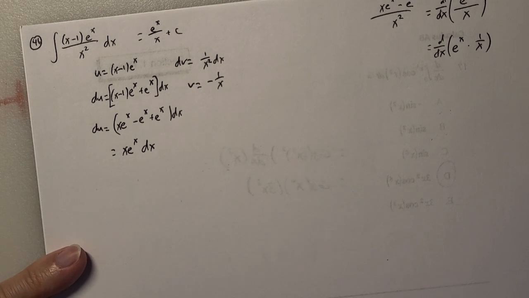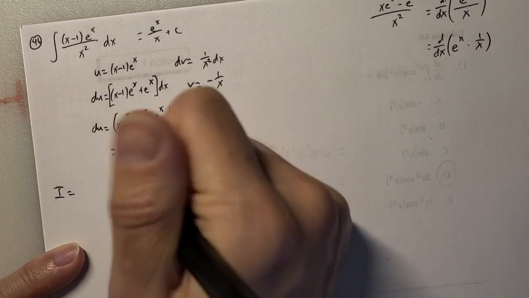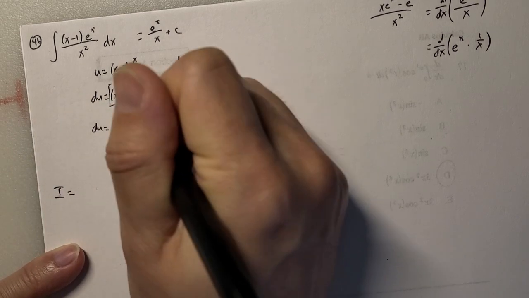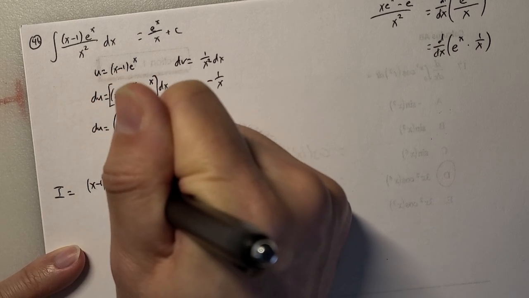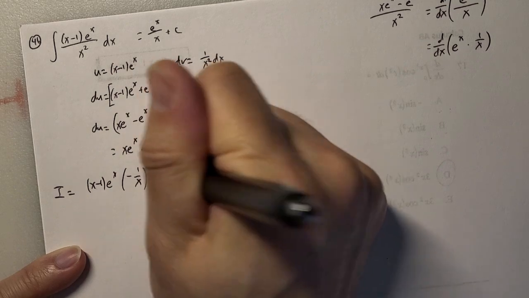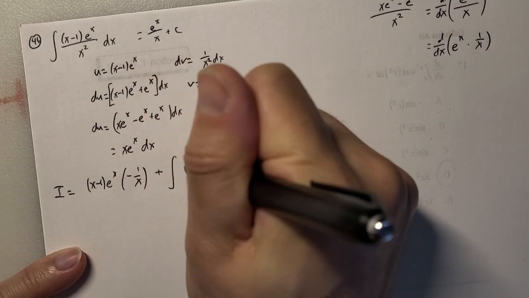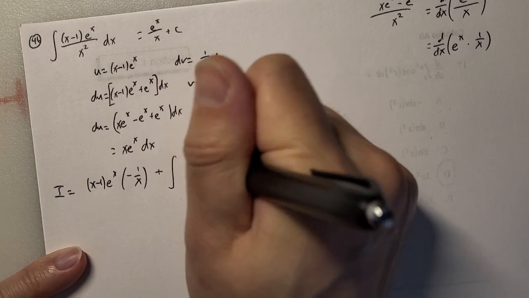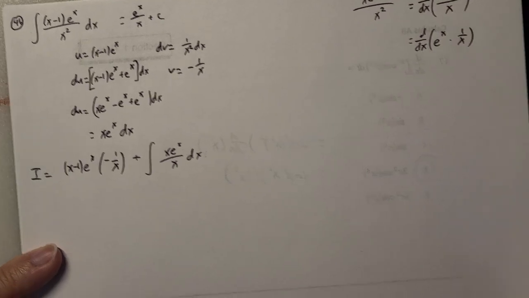Okay, so let's do integration by parts. If we call this I, it is equal to uv, so x minus 1 times e to the x times minus 1 over x, minus the integral of v du. So it'll become plus, because of this minus sign here, x e to the x over x dx.